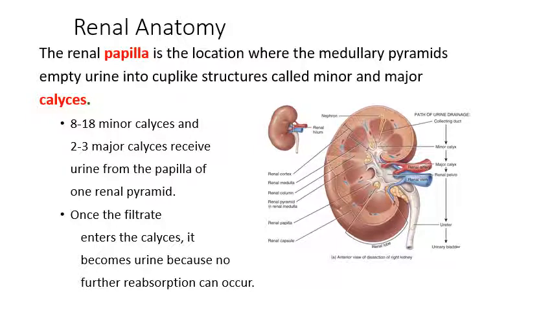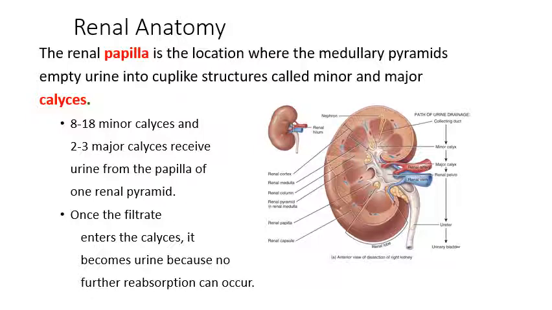Now, each one of these pyramids comes to a peak in an area called the renal papilla. So the papilla is basically this cone-shaped structure near the tip of each renal pyramid. And that's where we're going to start collecting urine that's been created from that renal pyramid.